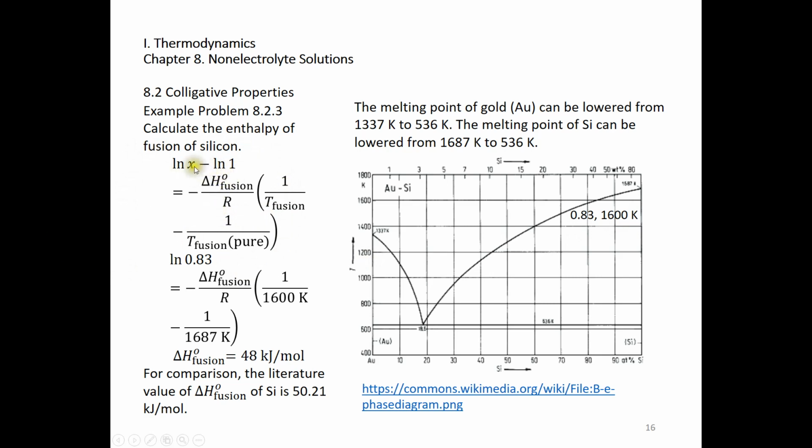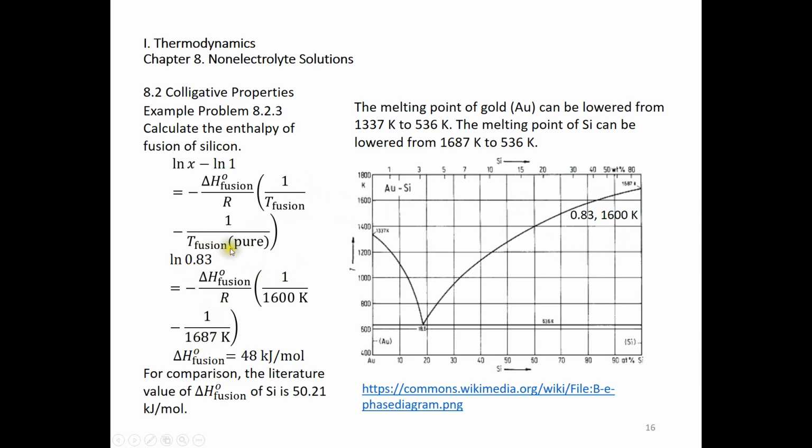So on the left hand side, I have Ln(x) minus Ln(1). 1 is the mole fraction of pure silicon. X is the mole fraction here, 0.83. Now the right hand side, negative enthalpy of fusion over R, we know what R is, and then 1 over T fusion, which is over here, 1600 Kelvin, minus 1 over the pure silicon melting point, 1687.